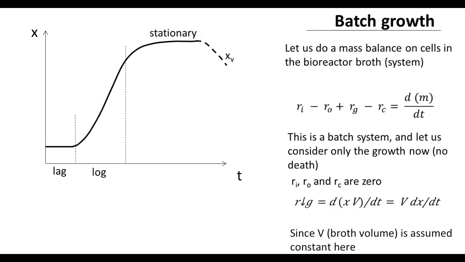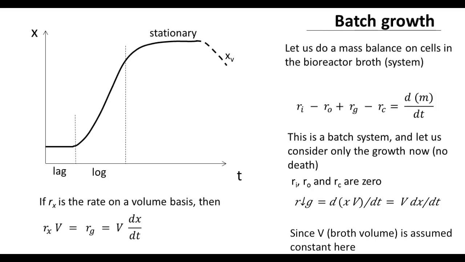If volume is a constant, it's not going to change with time, and therefore V can be taken out as a constant out of this derivative, and therefore it becomes V times dx/dt. Now, Rx is the rate on a volumetric basis, again those are the ones that are directly measured, so we will write it in terms of them. Then Rx times V would be equal to Rg. On a concentration or volumetric basis, this is the rate.